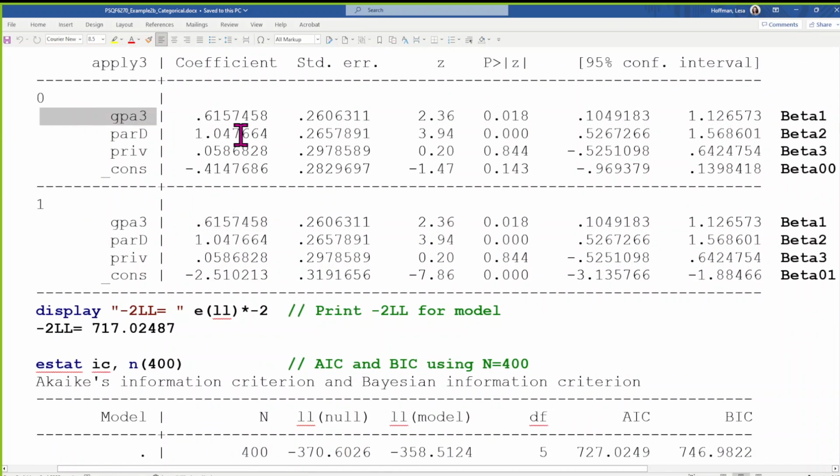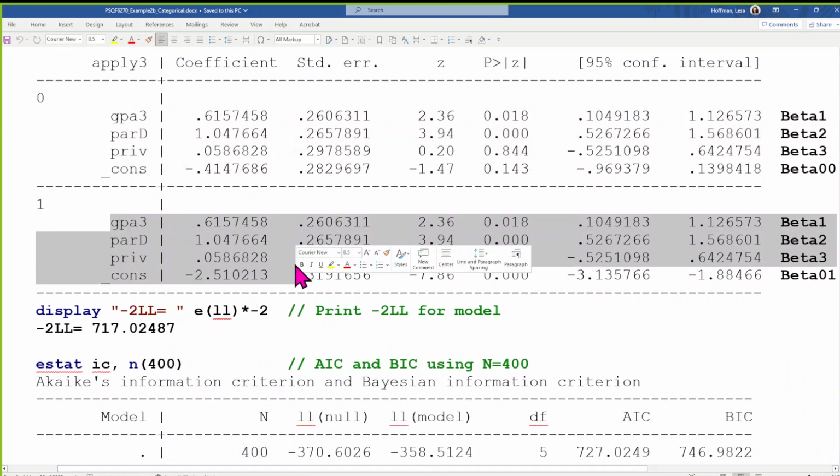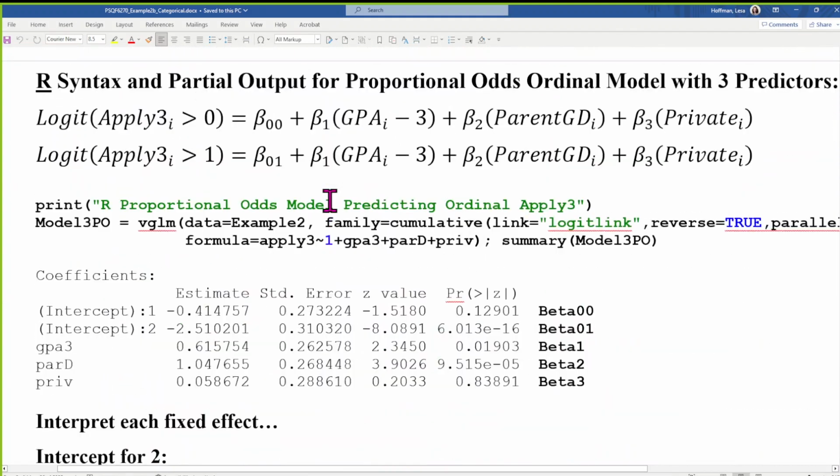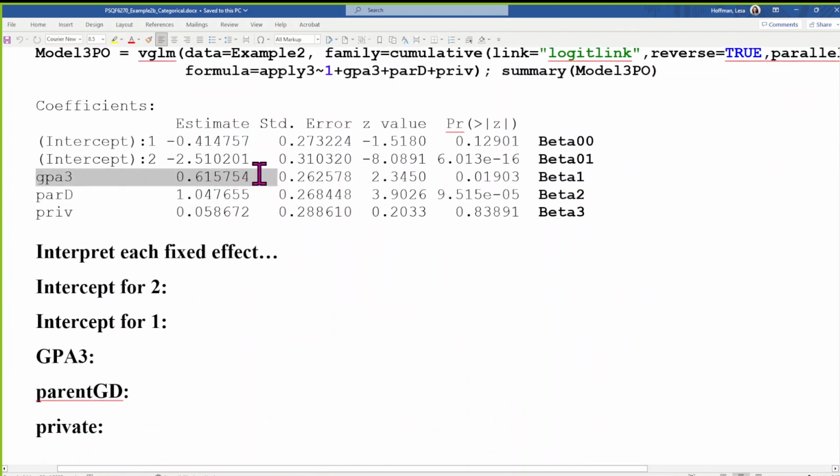It's writing this out on purpose to make you think about the fact that you are making these numbers the same. Like, this is a choice. Most other packages don't write them out separately. Like when we get to the R output, it just gives you the one number. But the interpretation is the same. This is the slope of GPA. For which submodel? Yes. Both of them.